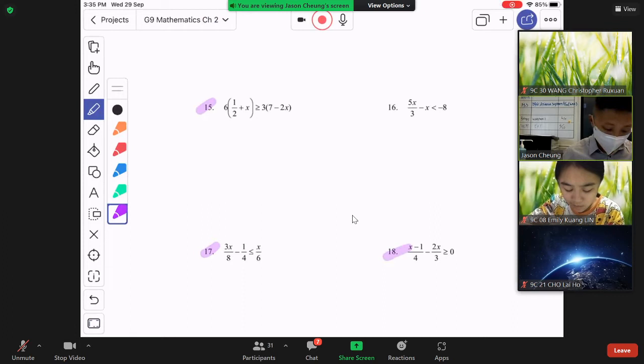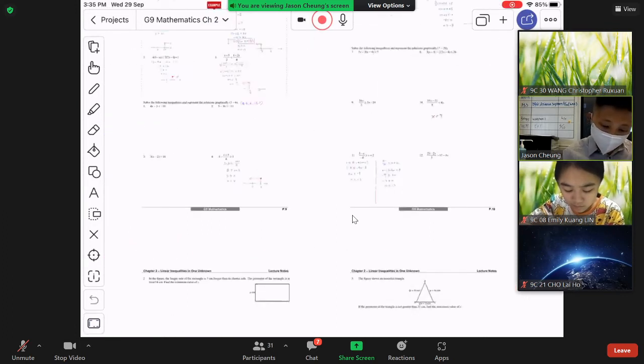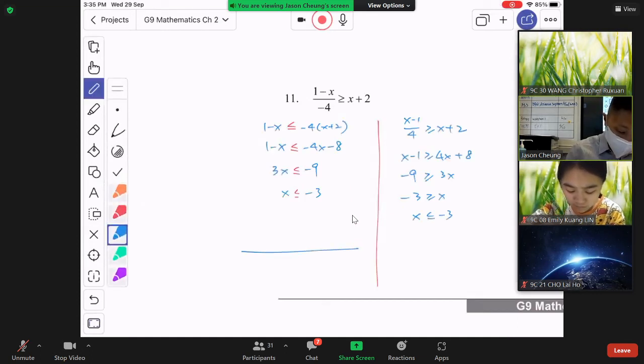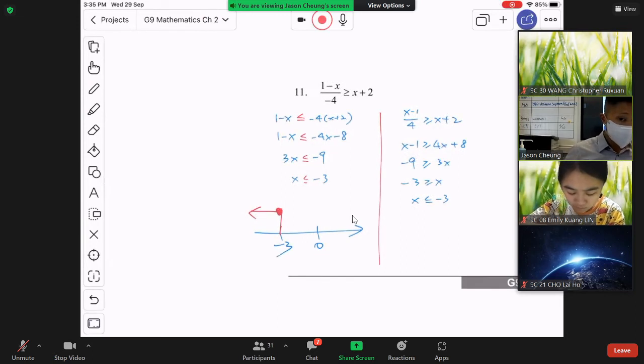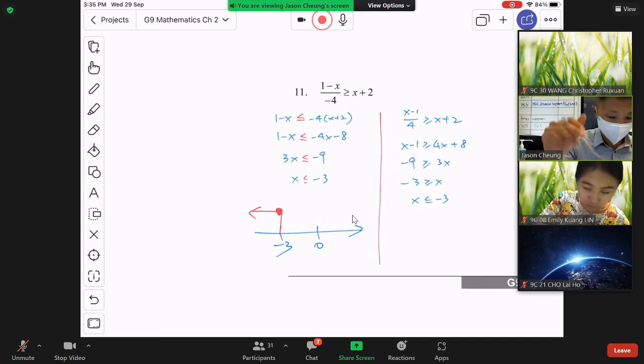Oh, did I show you the graphical solution here? I forgot to show you the graphical solution. Here you are, the graphical solution. All right. If it is done, then go to the next page, please do questions 15, 17, 18.